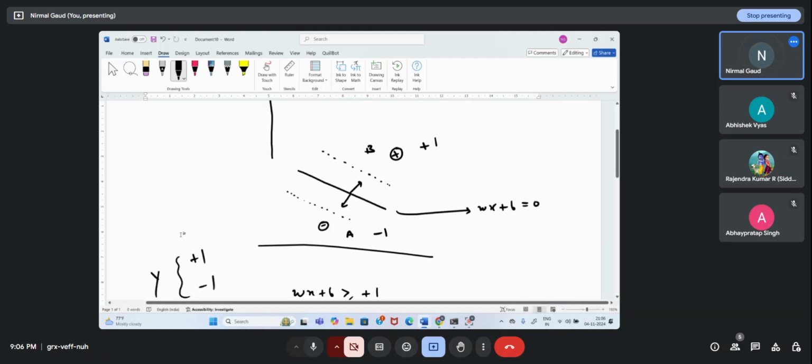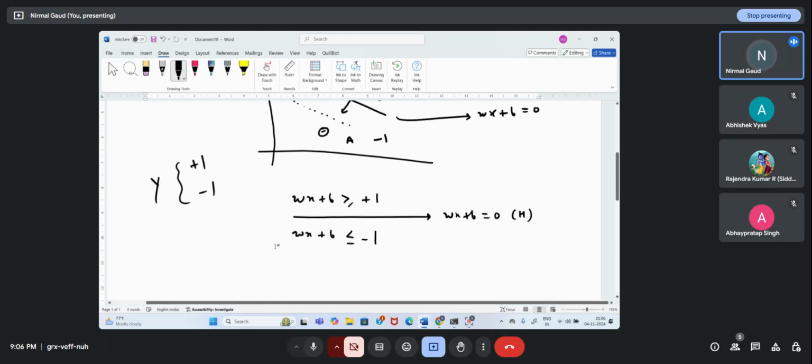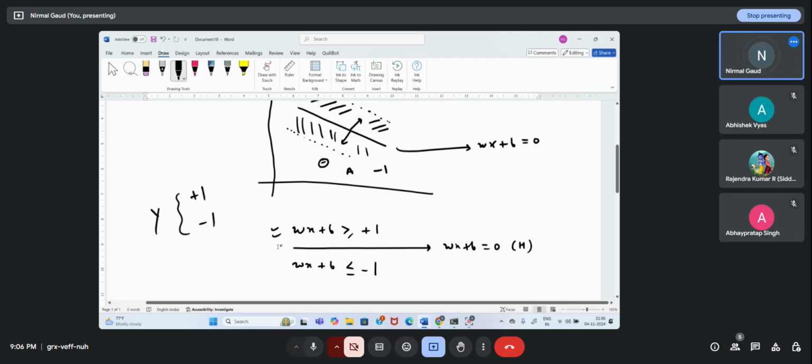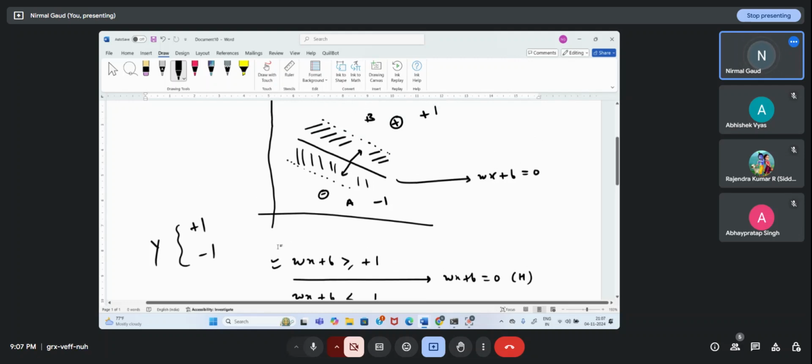So in the diagram, I can again just connect this line. This region is represented by the inequality wx plus b greater than equal to plus 1. This region is having the inequality wx plus b less than equal to minus 1.